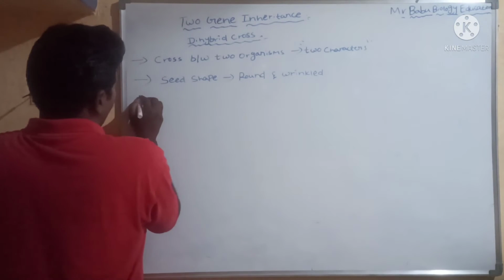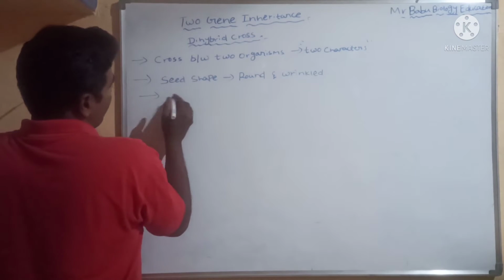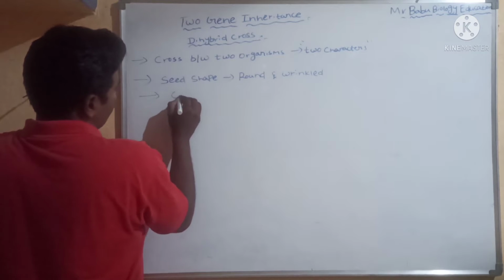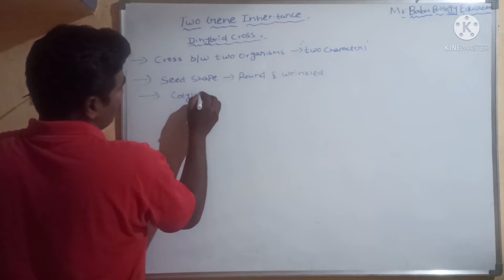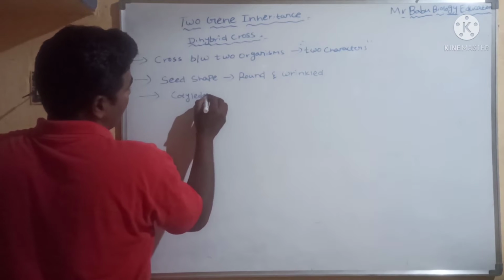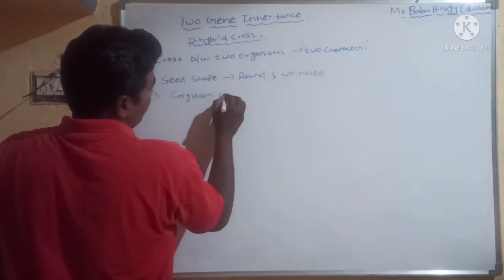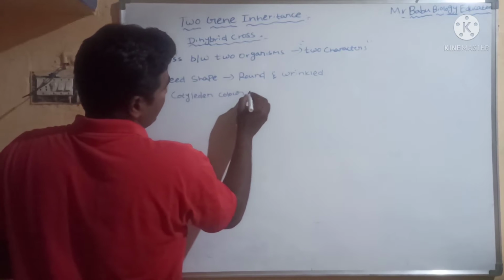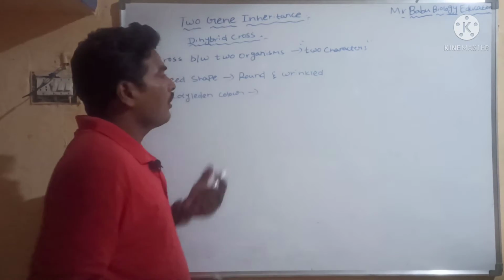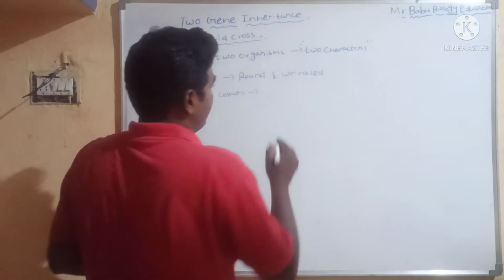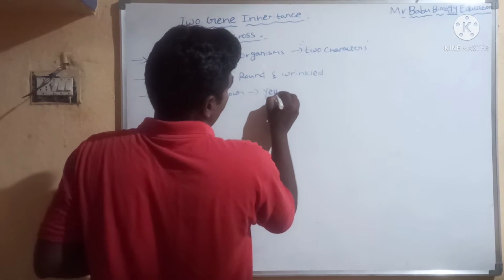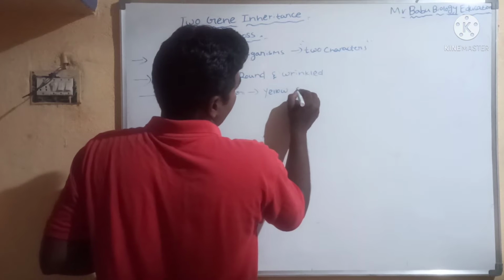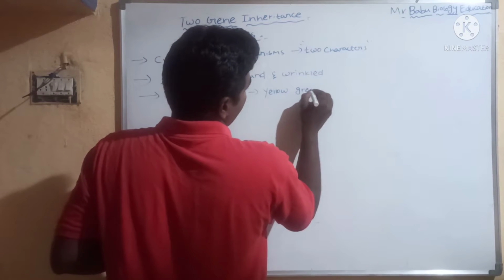The cotyledon color is yellow and green.